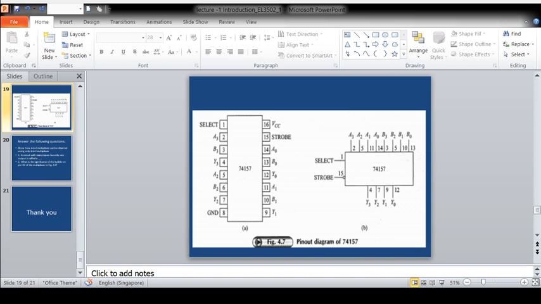Pin number 14 is A0, pin 13 is B0, pin 12 is Y0, pin 11 is A1, pin 10 is B1, pin 9 is Y1, pin 2 is A2, pin 3 is B2, and pin 4 is Y3. Pin 5 is A3, pin 6 is B3, and pin 7 is Y2. Pin 16 is VCC, and pin 8 is the ground.